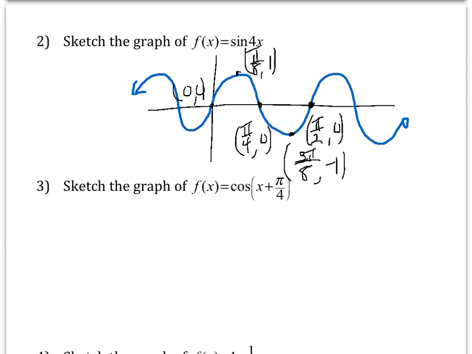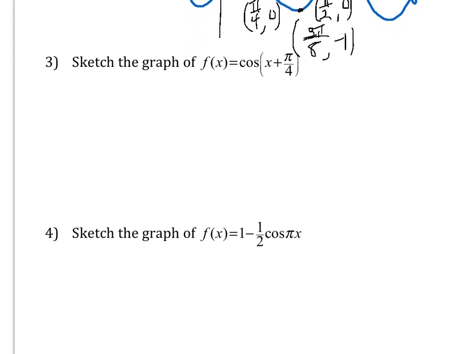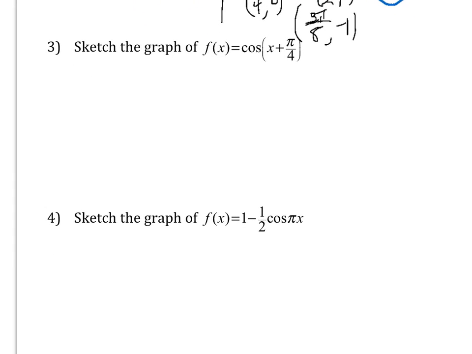Let's keep going. Now in this next one, you're going to have a phase shift, right? So the phase shifts can be kind of tricky to graph. I would suggest going ahead and just plotting the cosine function and then label it later. That's what I like to do. Watch this. So we go like this.